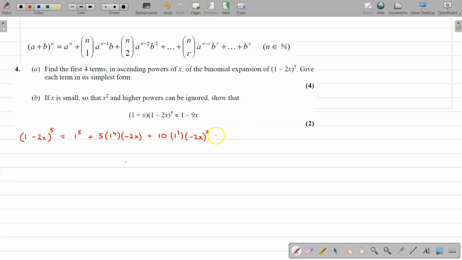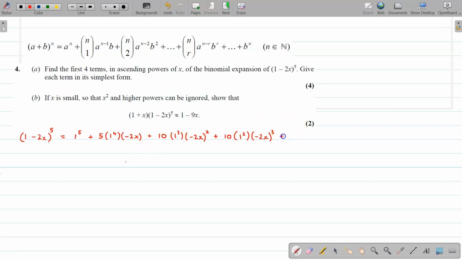And the next term, the fourth one, is 5C3, and 5C2 and 5C3 are both equal to 10, as it happens, and that's 1 squared, multiplied by the cube of negative 2x. So it's just a question now of carefully working those values out.